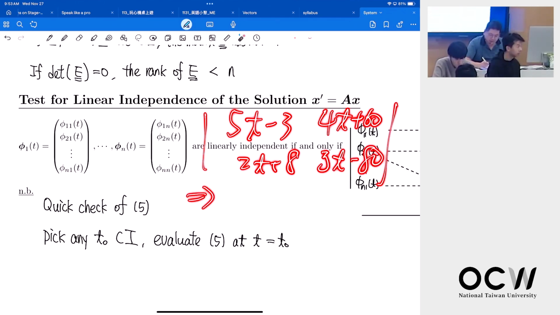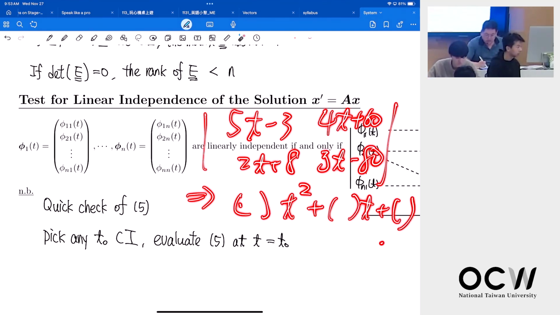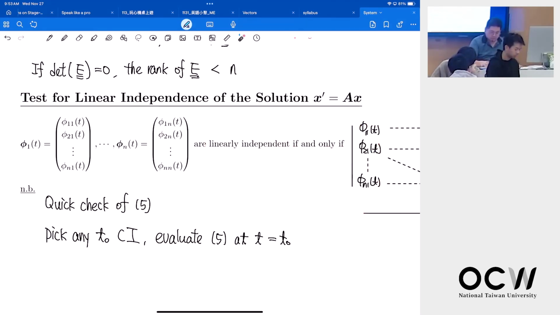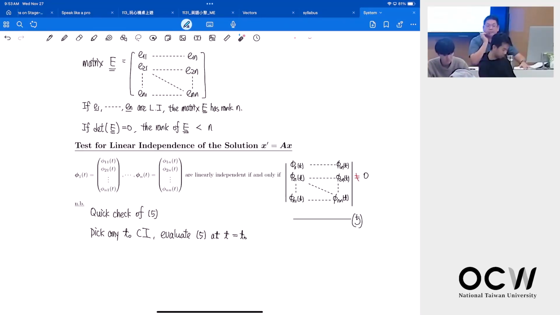Finally you may get something like t squared plus something t plus something. I cannot say whether this is 0 or not, so I need to plug in t. So I can just pick t naught to plug in, and this t naught is in our region. Then you will get a scalar to check if this scalar is 0 or not, right?